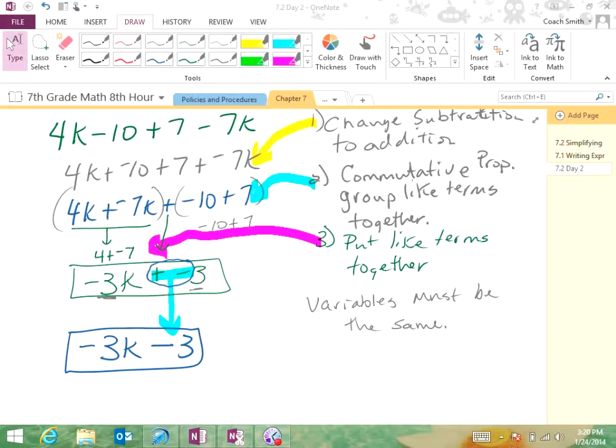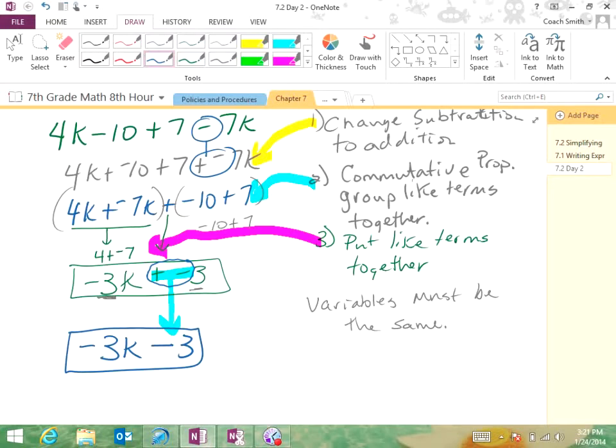The book will say minus 3. So we need to get in the habit of, when you see a plus a negative in your final answer, you change it back to a subtraction sign. Just like up here, we change this subtraction sign to plus a negative. That's at the very end in your answer.